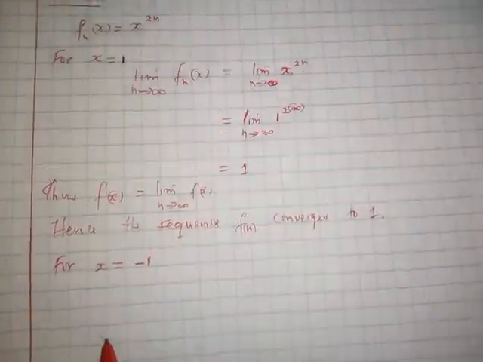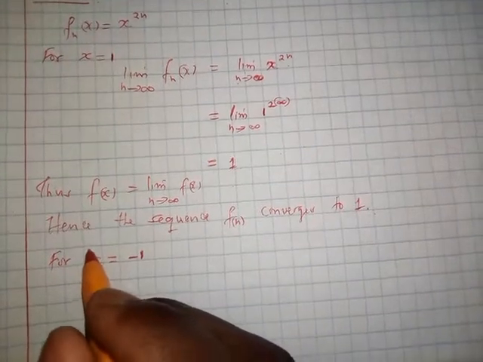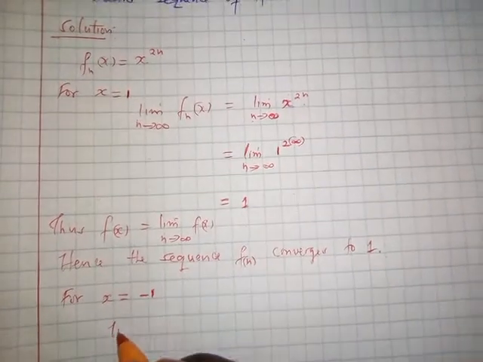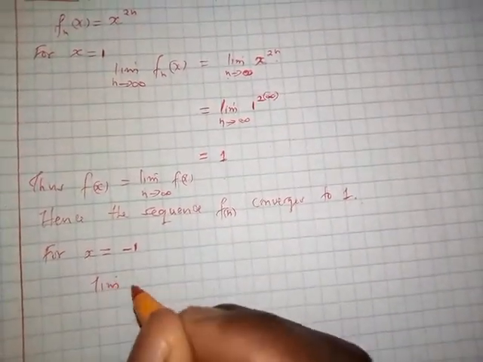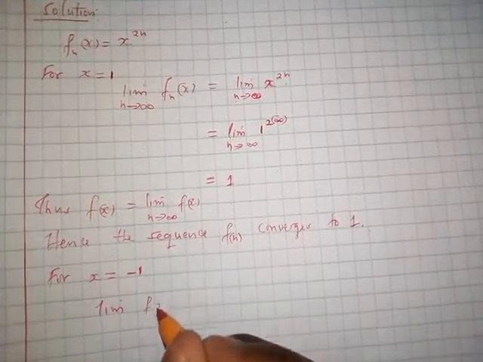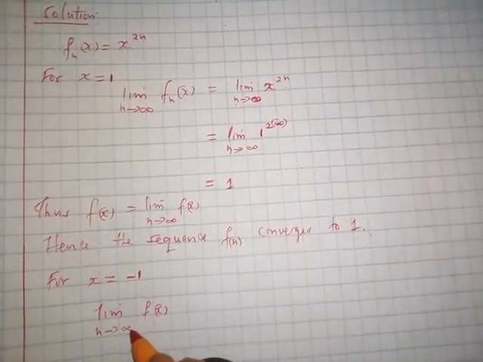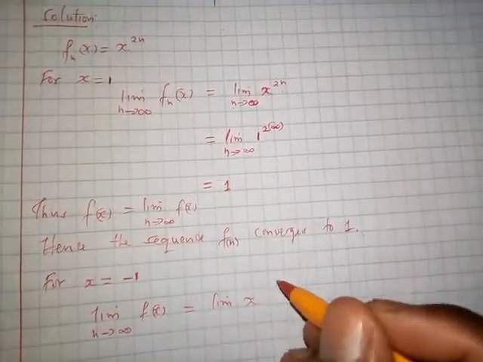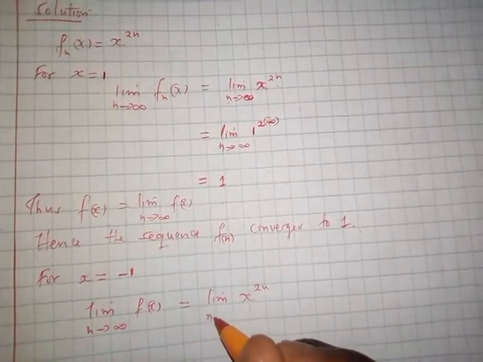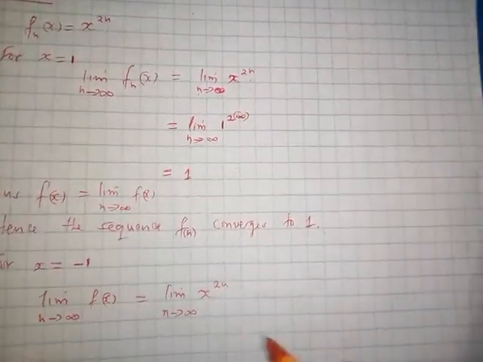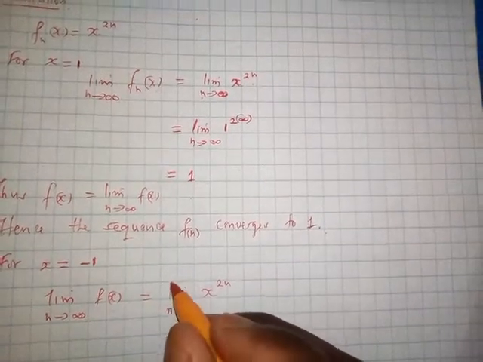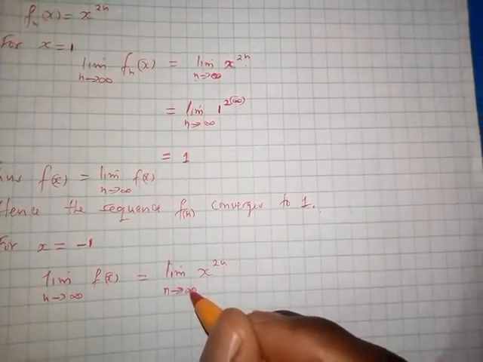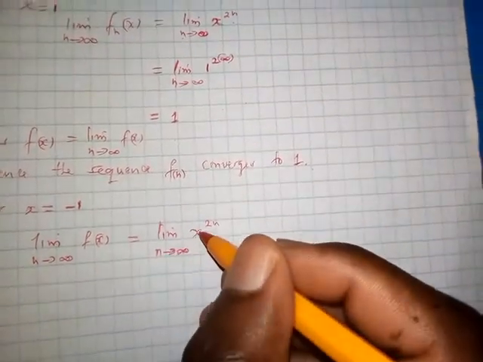So for x equals -1, the limit of f_n(x) as n tends to infinity is equal to the limit of x raised to power 2n as n tends to infinity.